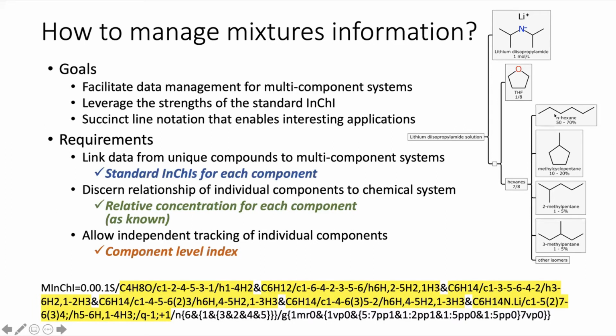So you have submixtures that are mixed ahead, and because the concentration is expressed relative to the submixture, you end up with this hierarchical organization of the relationships between the components. So concentration is a really critical piece of information to keep track of. Basically, what we came up with is an approach to concatenate all of the InChIs of the components, followed by some information about the concentration.